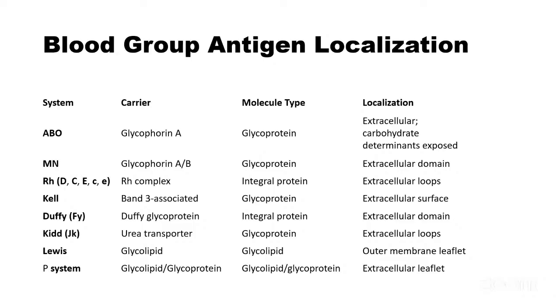For instance, ABO, the carrier is glycophorin A. Glycophorin A, molecular type is glycoprotein, and it stays on the extracellular carbohydrate. Like I told you, ABO is carbohydrate based. If you look at Duffy, you see it's protein based, integral protein, extracellular. So it's just telling us different blood groups, what they are made up of, and where they are located. Next slide.